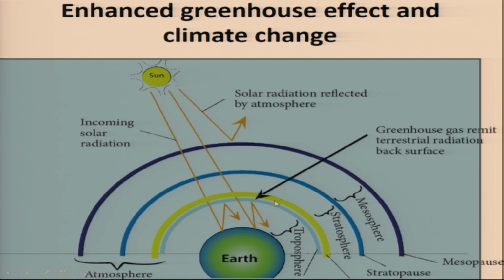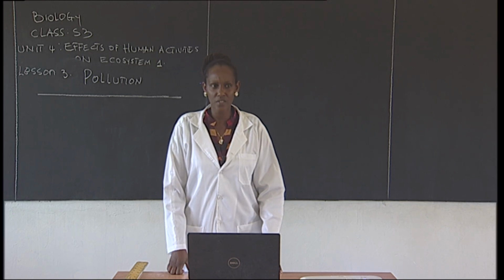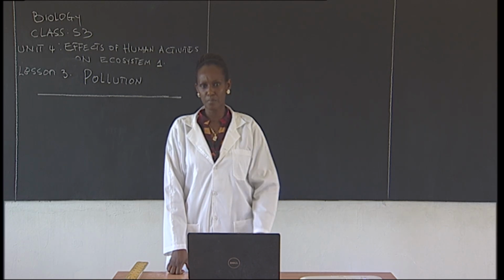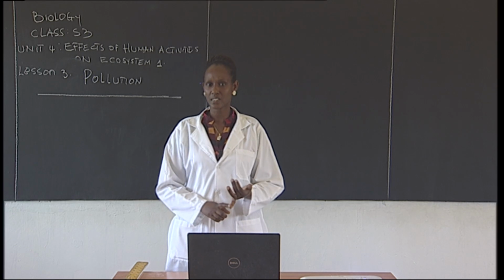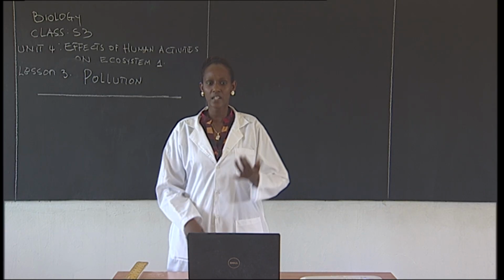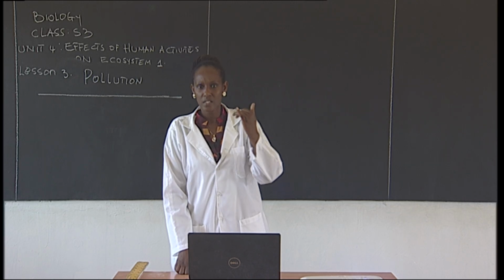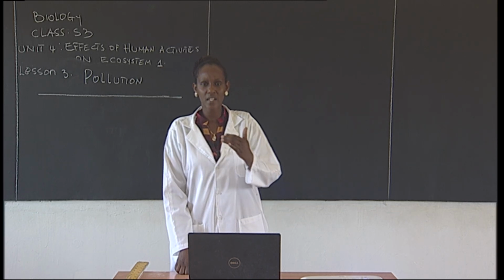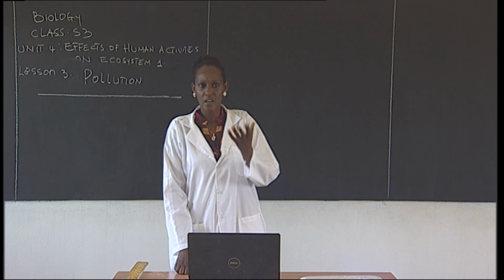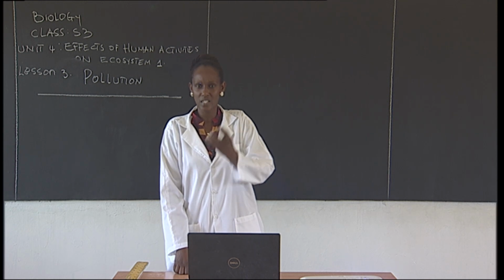All right? When they are brought back on the Earth's surface, you find that the temperature here is very high, and at the end of the day, we are affected by that. One, desert. And remember, these radiations are very dangerous, mainly the ultraviolet rays, that may lead to skin cancer.